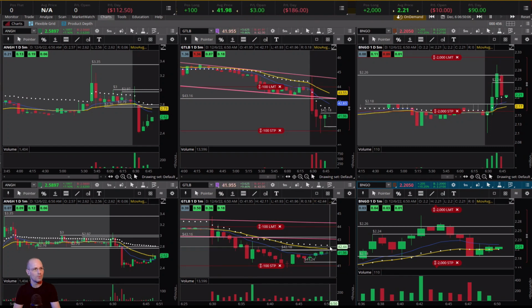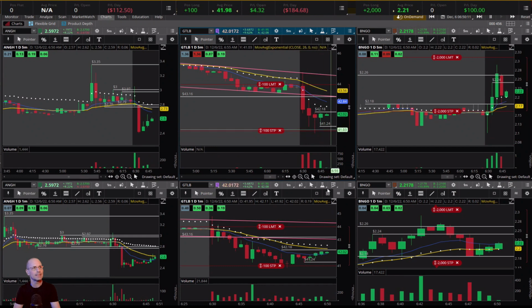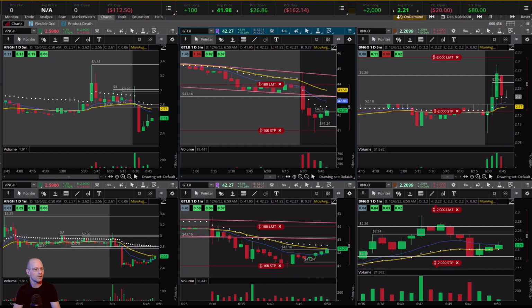Well, let's see if we get that move up to the VWAP here. GTLB, another 5 minute candle. Looking for the bull break. What we're looking for is a lower high on that 5 minute time frame.